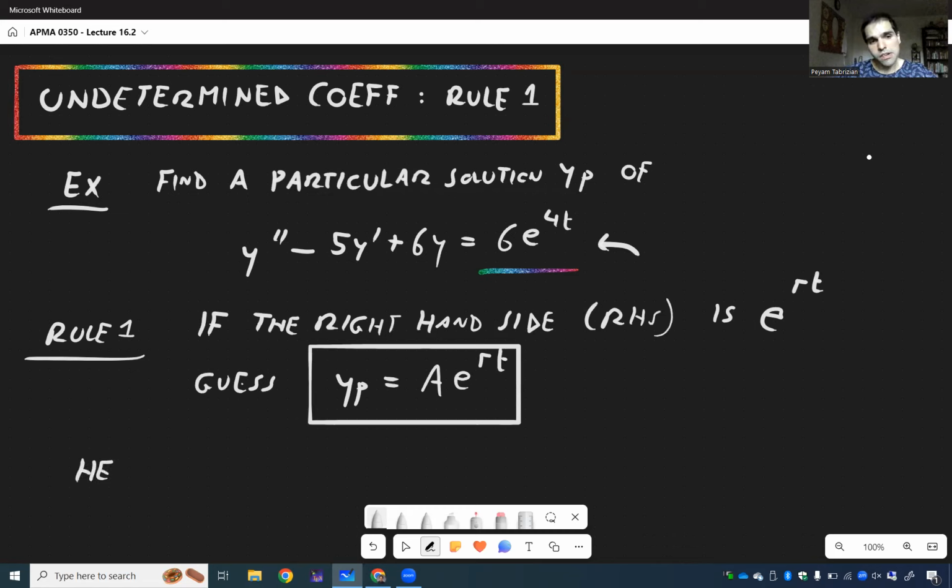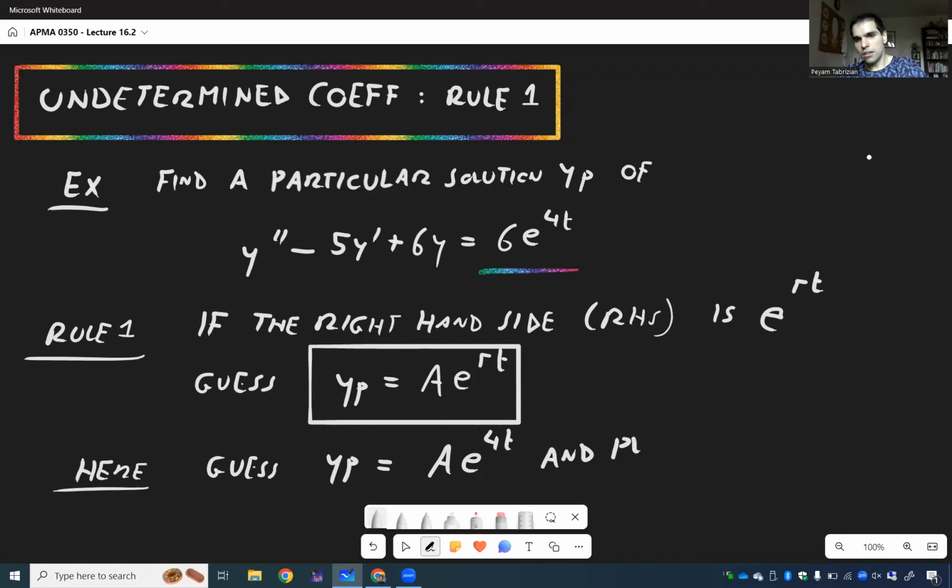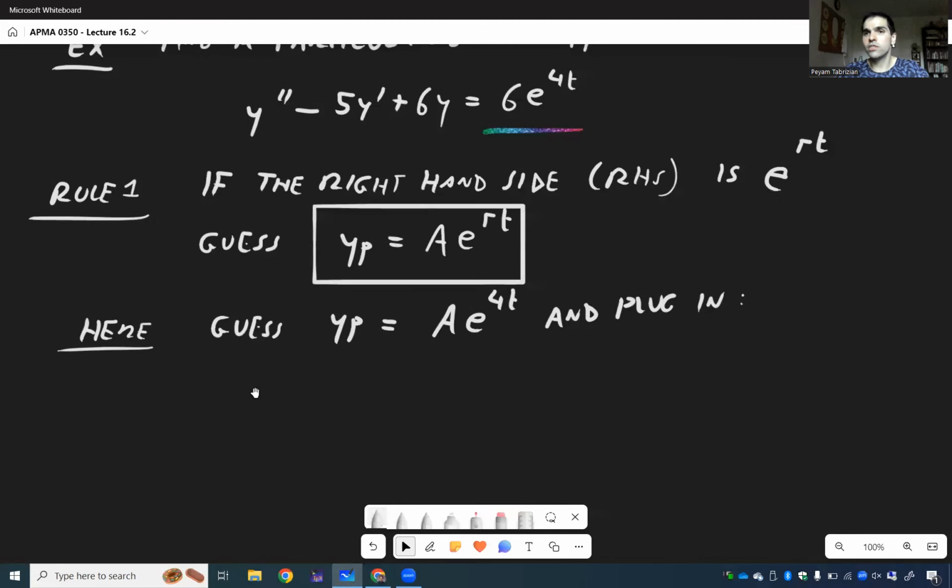So here, you just guess yp to be a e to the 4t, because we had 6e to the 4t, and you plug in. Because we have y double prime minus 5y prime plus 6y is 6e to the 4t.